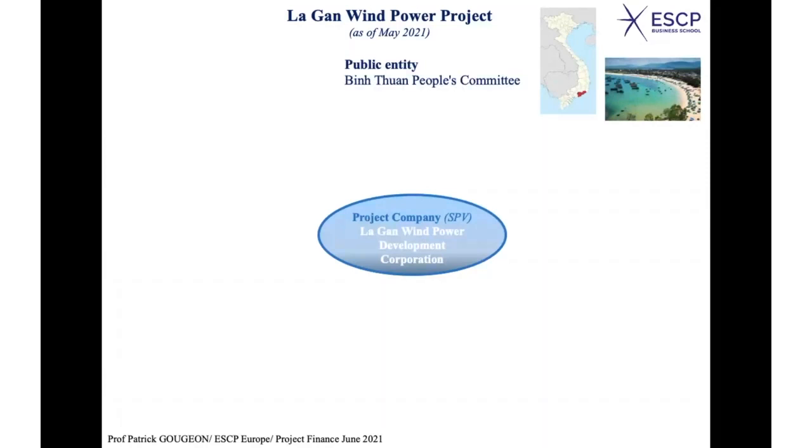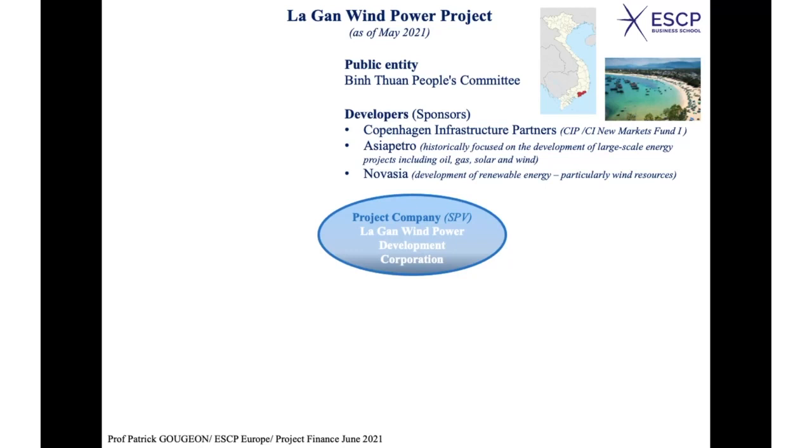You have a public entity at the top, which is Binh Thuan People's Committee. Who are the developers, or what we call the sponsors? Copenhagen Infrastructure Partners, which is a member of CI New Market Funds, which is specialized in funding such projects.